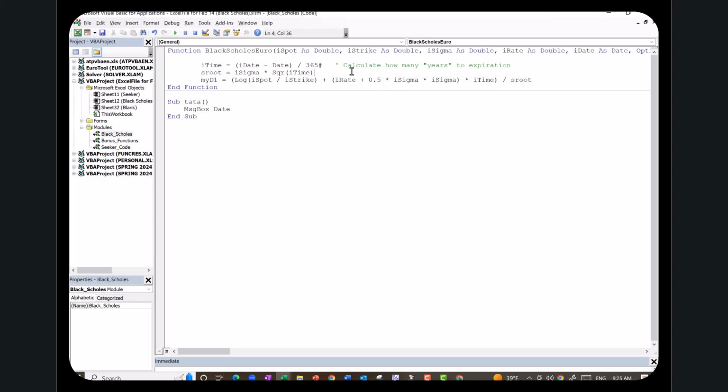So this is sigma times square root. Since I haven't declared them, it reverts to the variant type.